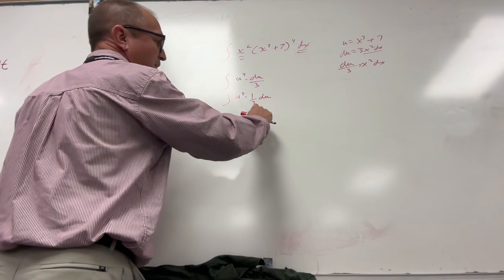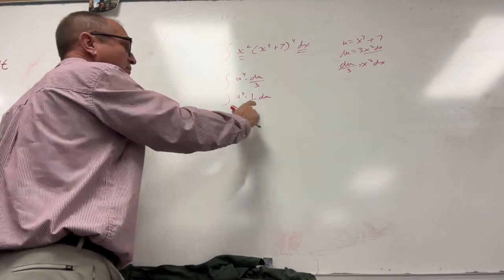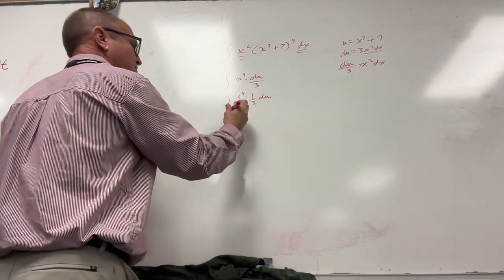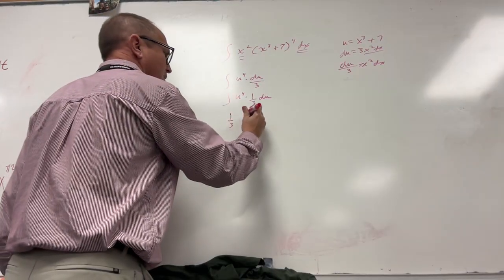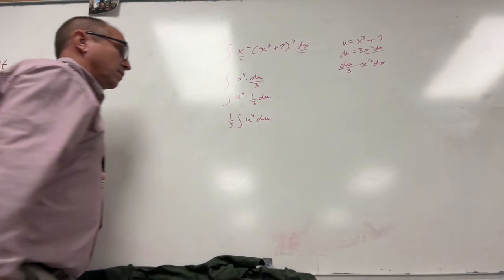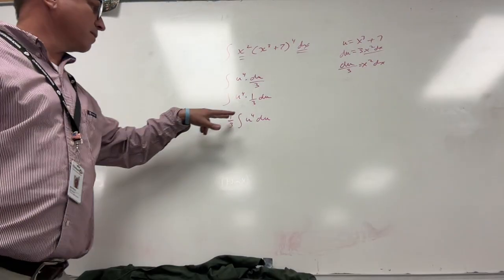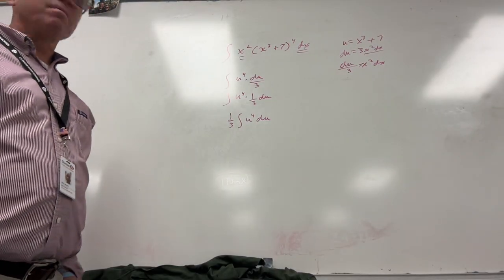I'm going to go ahead and just pull it out front entirely. You don't have to, but I'm going to. So I'm going to make this 1/3 of u to the 4th du. Remember, we can pull a constant out front.